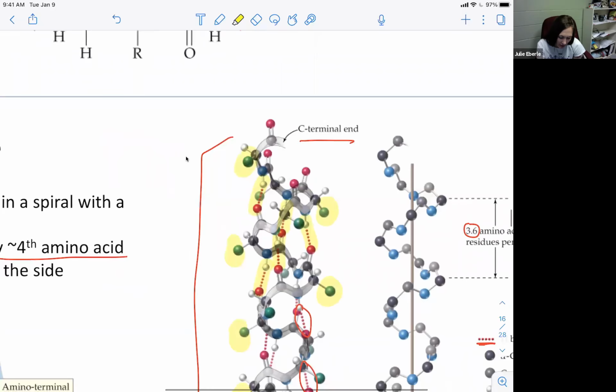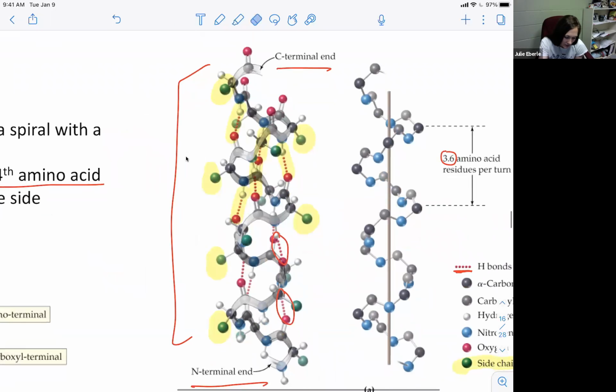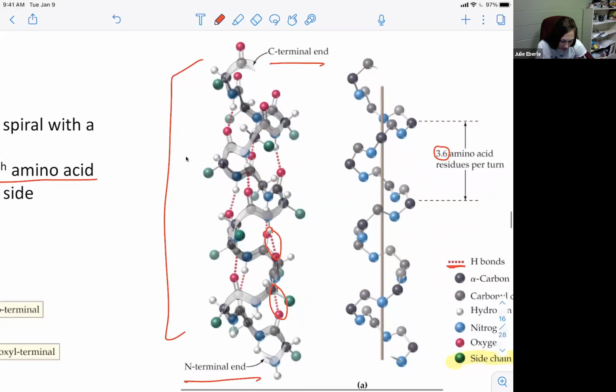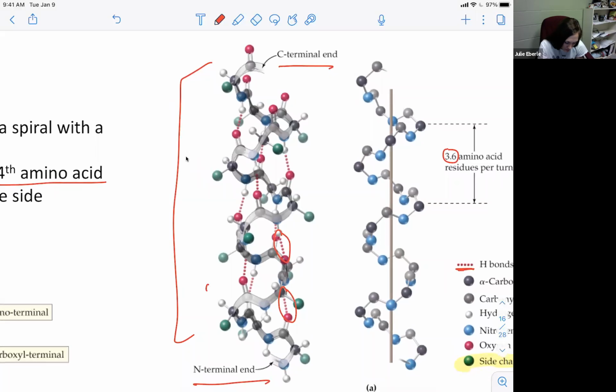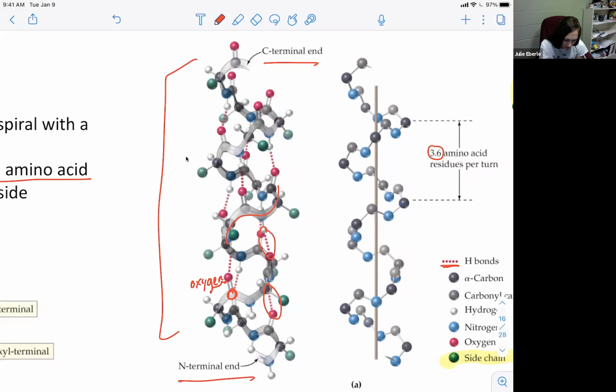Here's a picture of an alpha helix. All these little red dots show you hydrogen bonds. The red atoms are oxygen. And this would be the carbonyl carbon on the backbone. This gray ribbon is the backbone, and it's spiraling.